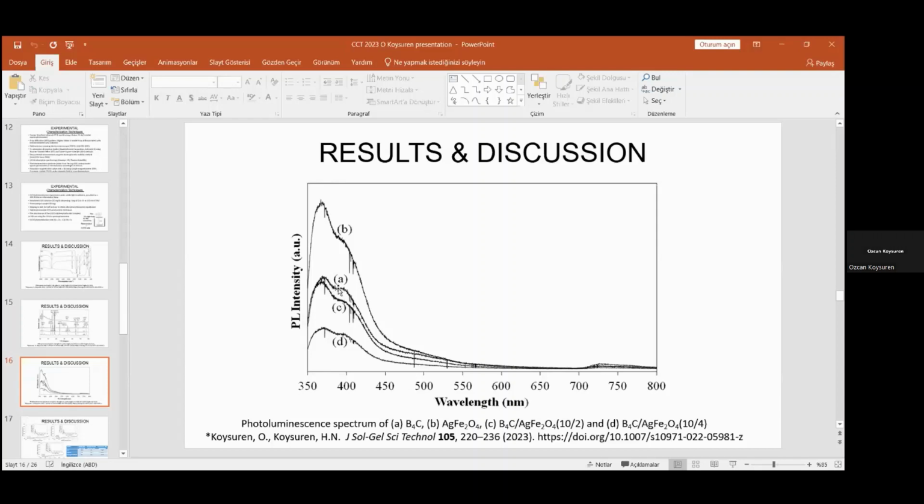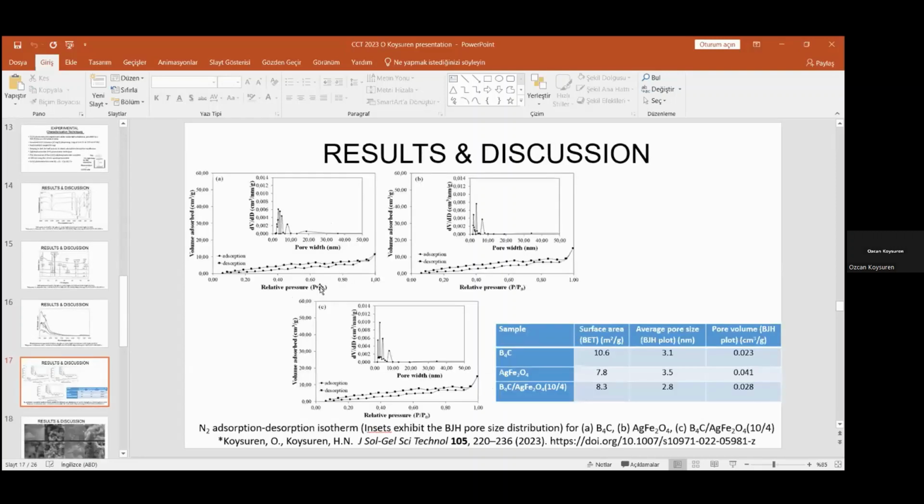Curve A belongs to boron carbide, B belongs to silver ferrite, and C and D belong to composite samples. As you can see here, compared to pure samples A and B, there is a decrease in the peak intensity, the peak maxima, which shows that we decreased the recombination rate compared to the pure samples by coupling these two materials. This is also our aim in this study.